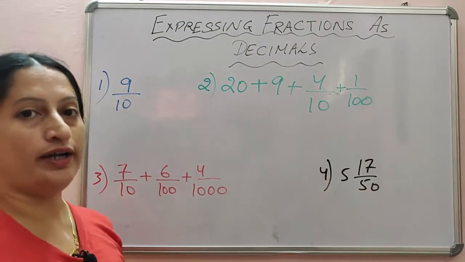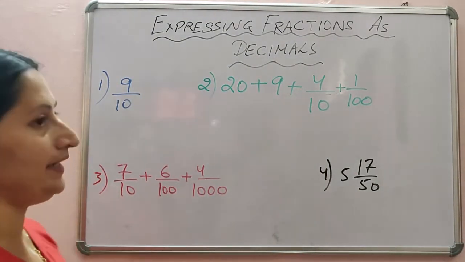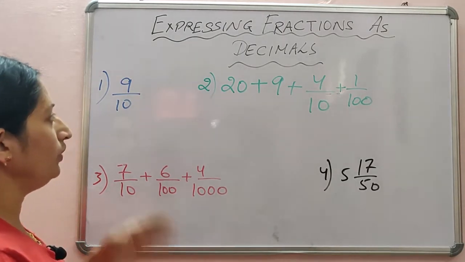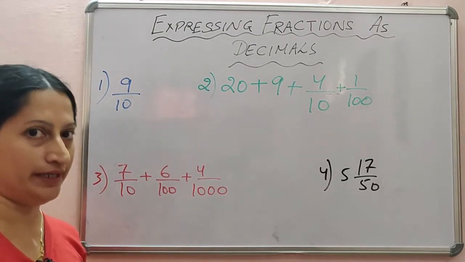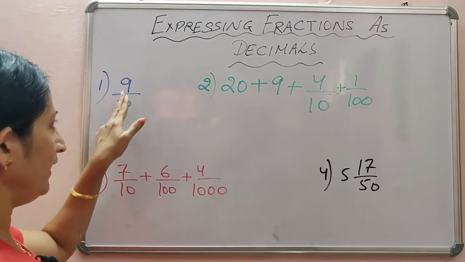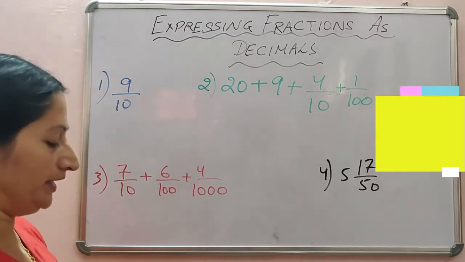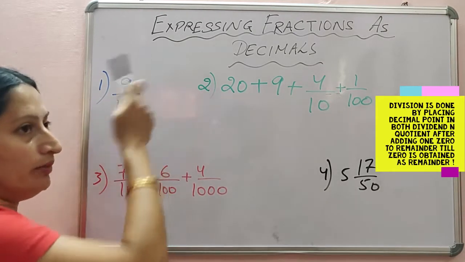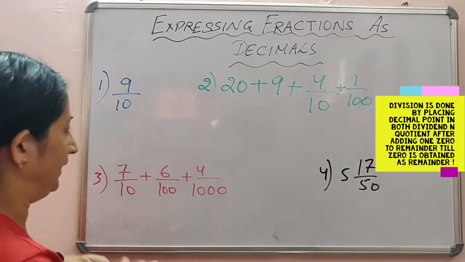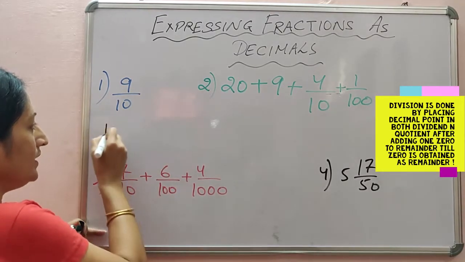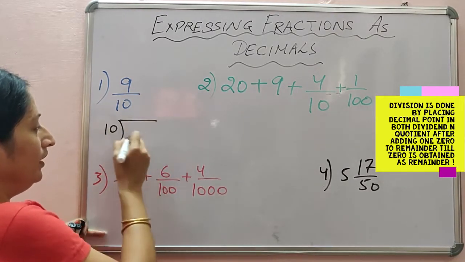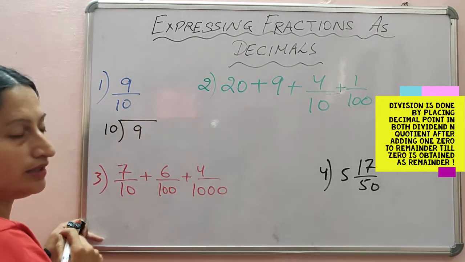In this we have the first question, 9 by 10. So what we will do, as we always do in a common division, we will divide the numerator by the denominator. But in this case, the denominator is bigger than the numerator. So just like that we will write it like this.